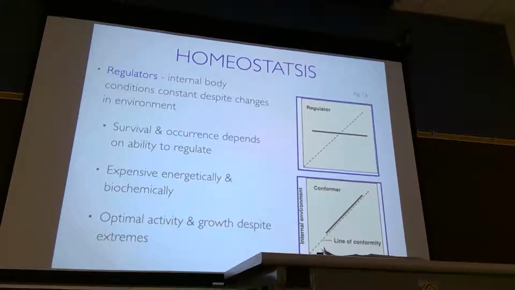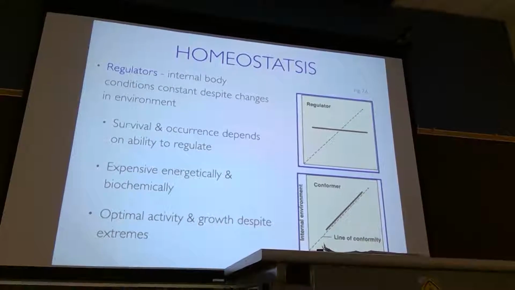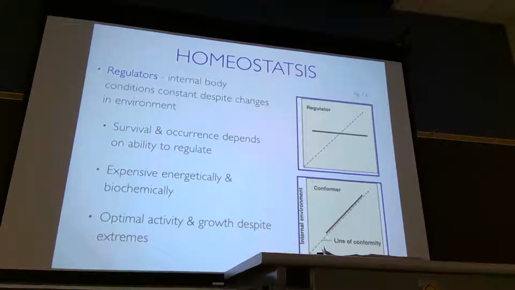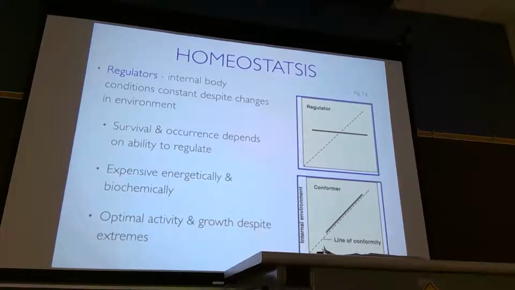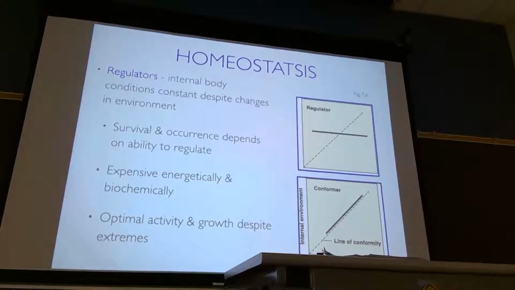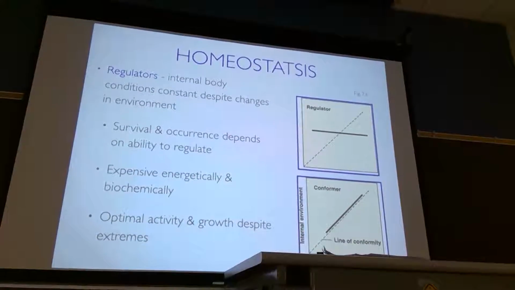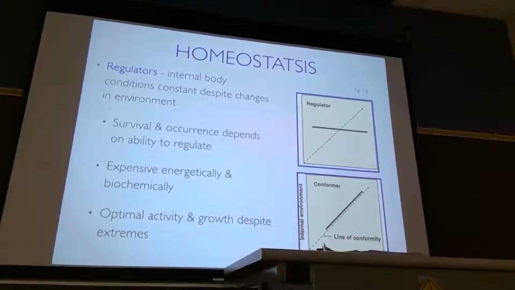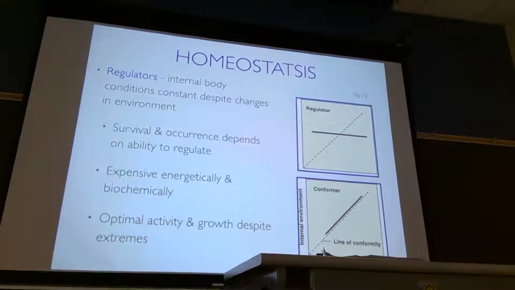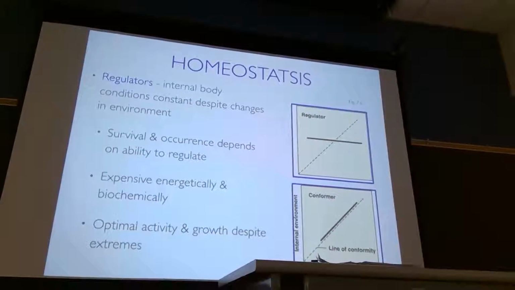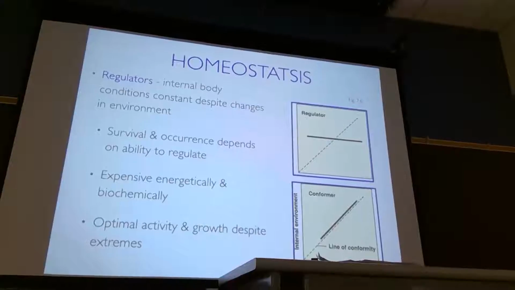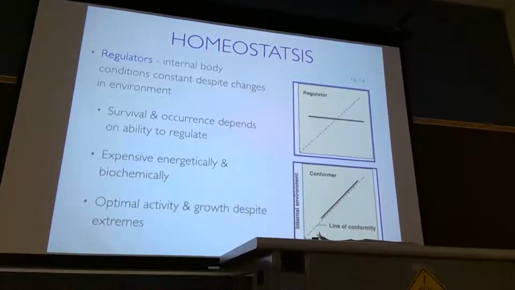All regulators have a big problem that this is very energetically and biochemically expensive. They spend a lot of energy and nutrient uptake maintaining conditions as they want them to be. They grow slower, they have to eat more, they have higher metabolic needs and metabolic rates. But they can live anywhere and do anything as long as they can feed their metabolic needs.